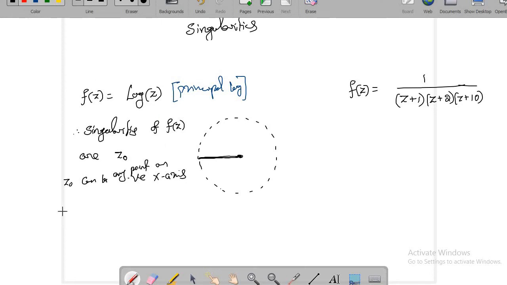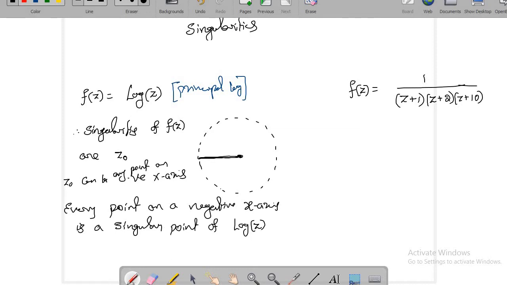So let me write: every point on the negative x-axis, you can call it the x-axis or the real axis, let me call it the negative x-axis, is a singular point. So that's a singular point of log z. Okay, so we got infinitely many, of course uncountably many, singularities for this function.